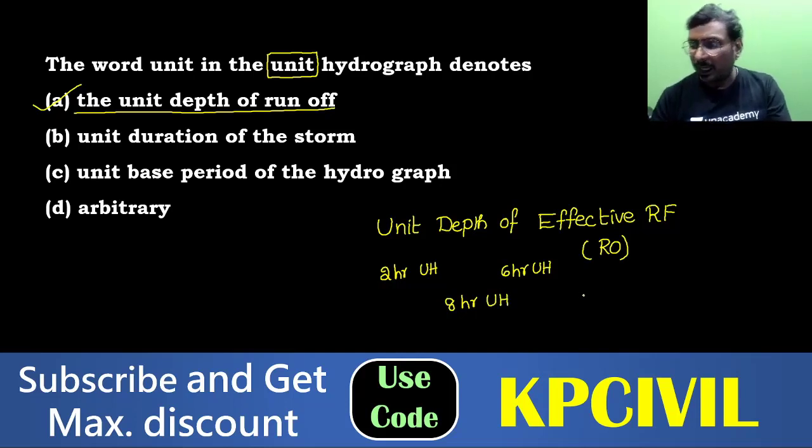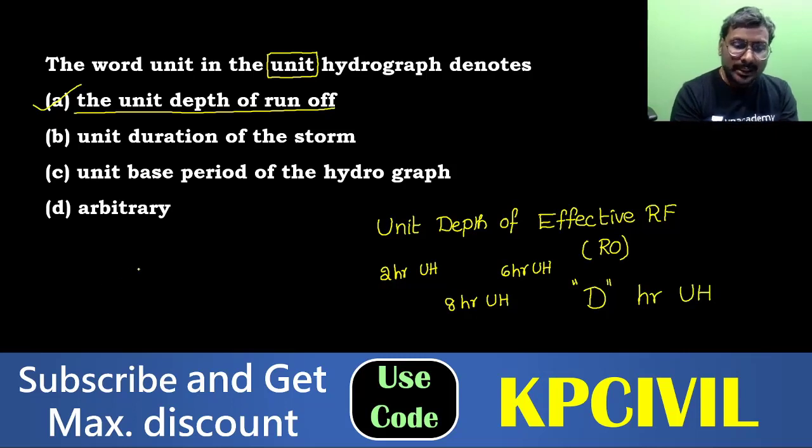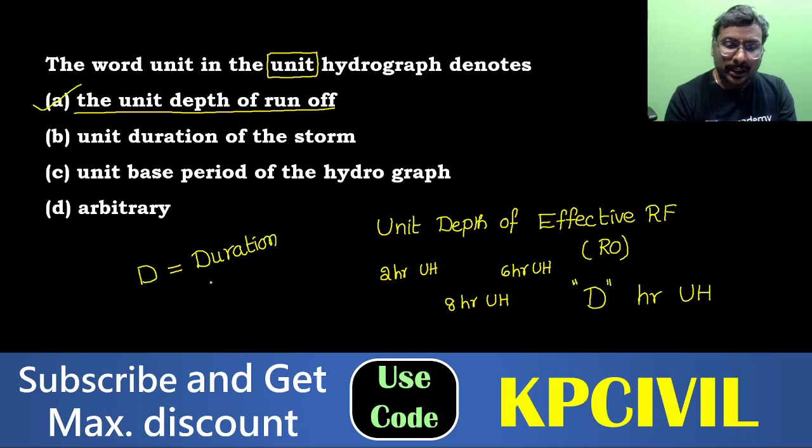Simply, we represent a D-hour unit hydrograph. D may be 2, 6 or 8. What is the meaning of D? D represents the duration of rainfall.